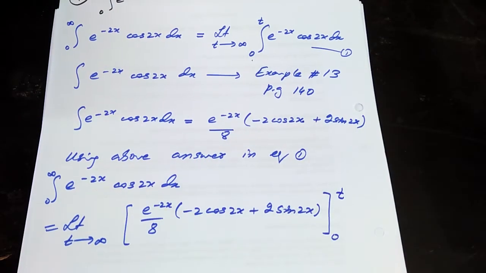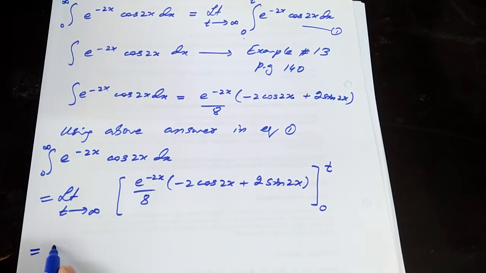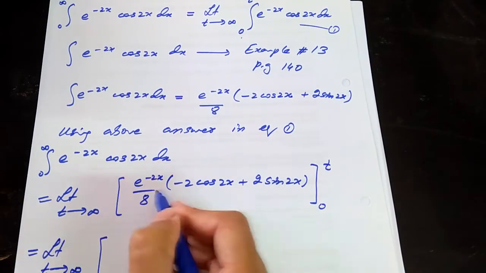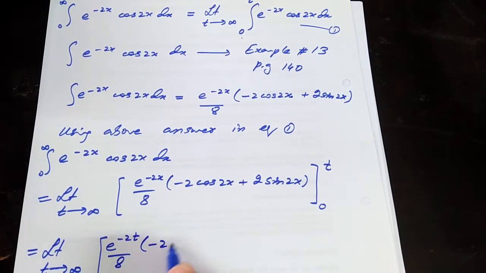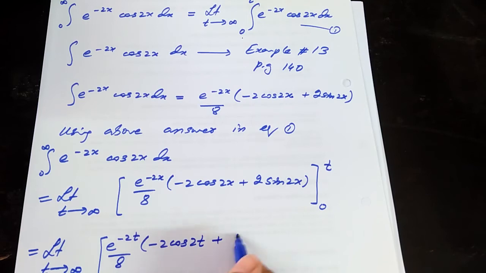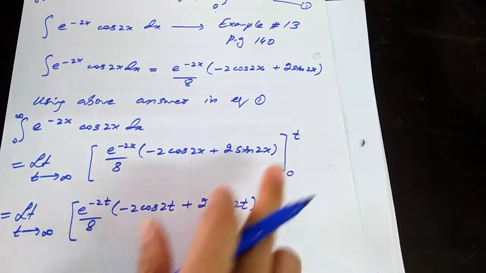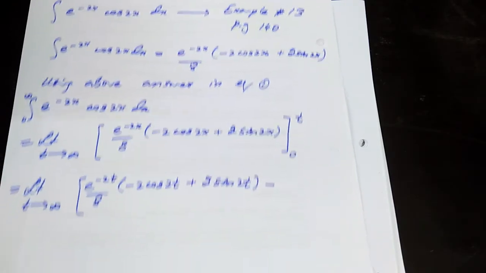Now apply the limit. Use the upper limit first. You will get e raised to power minus 2t over 8 times minus 2 cos 2t plus 2 sine of 2t, minus, use the lower limit now.